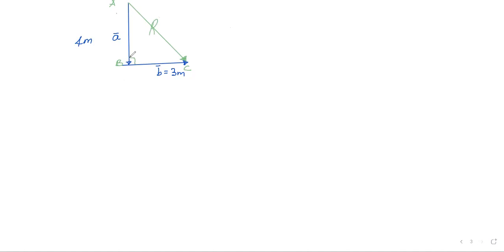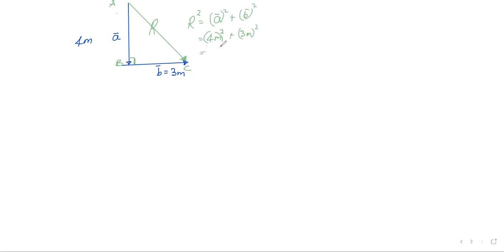perpendicular to each other. We can use Pythagoras in that R squared will equal A squared plus vector B squared in units. This is 4 meters squared plus 3 meters squared.